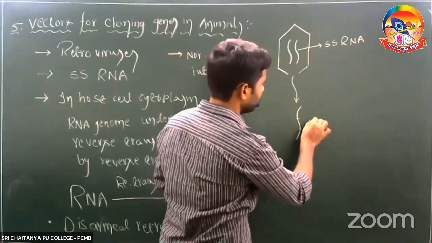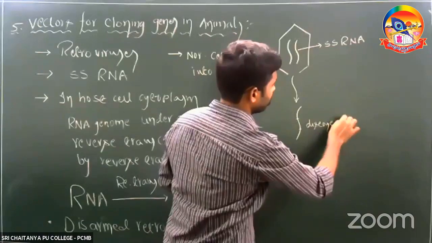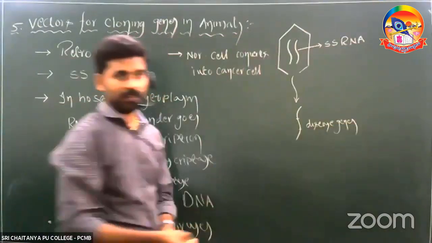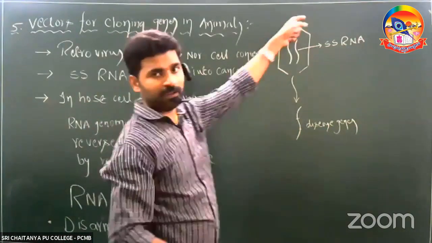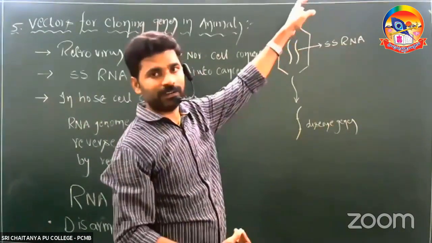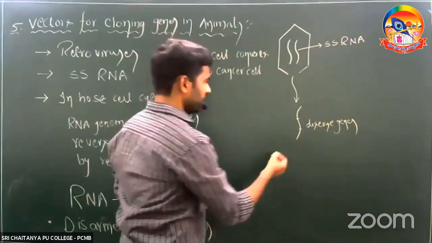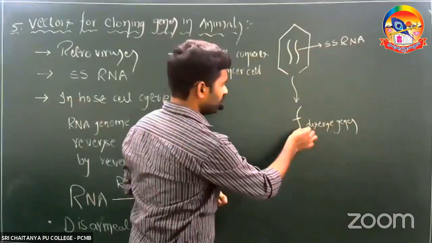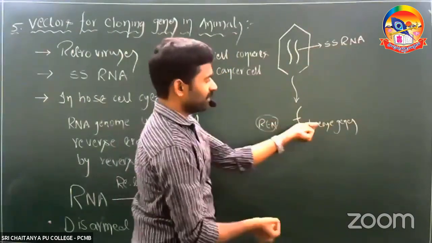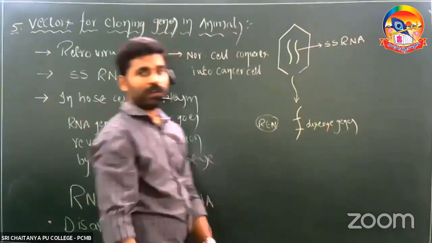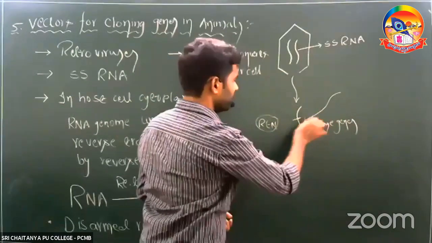This area is disease genes. It means disease-causing genetic material. So by using restriction endonuclease enzymes, that disease-causing genetic material is removed from the RNA molecule and desirable RNA is inserted.